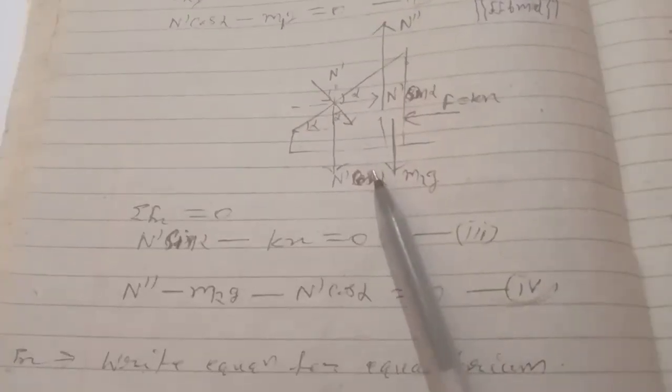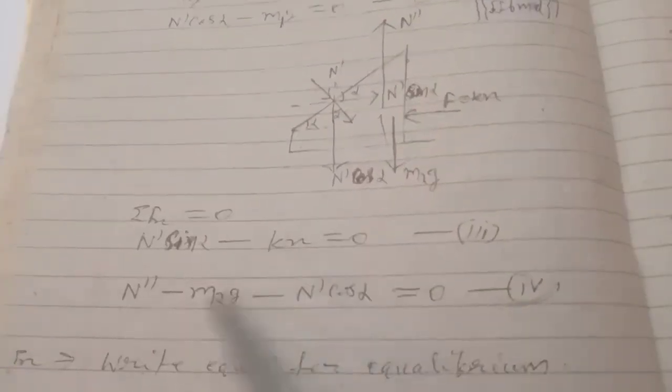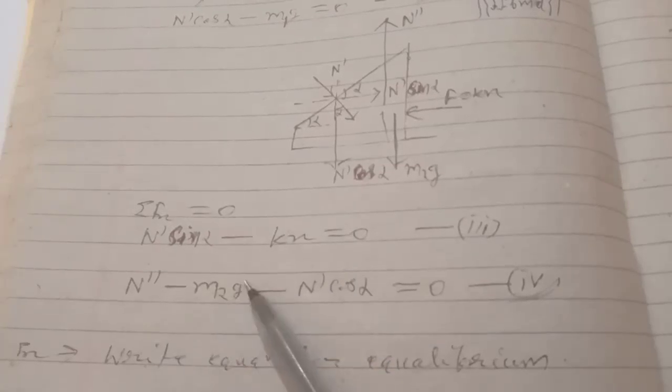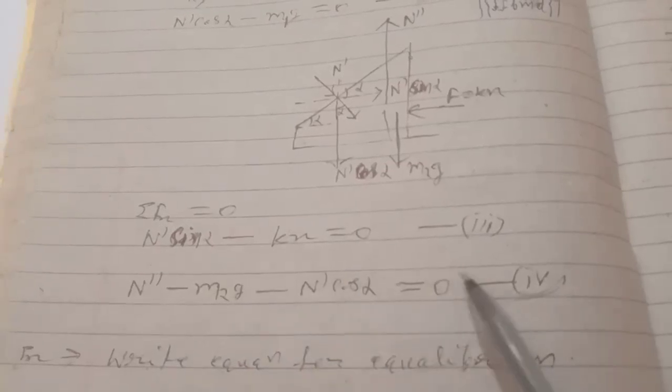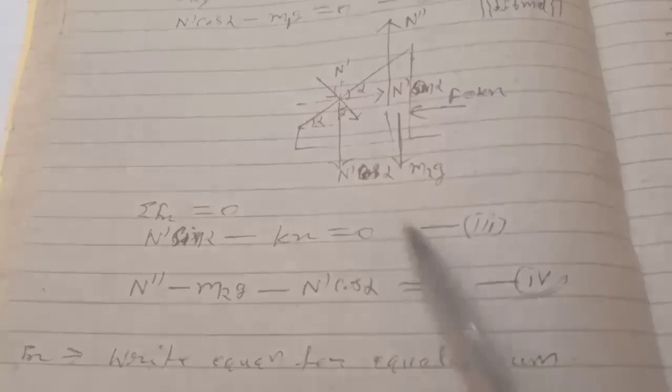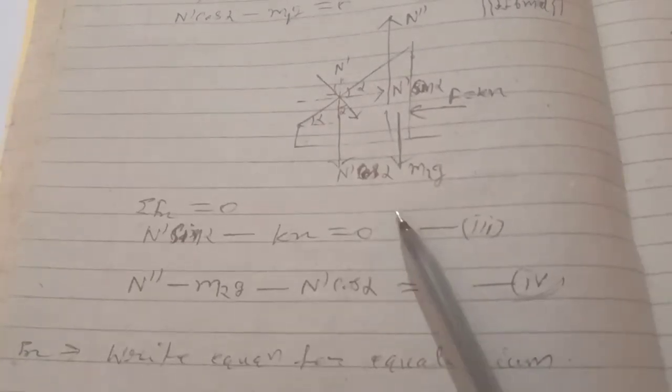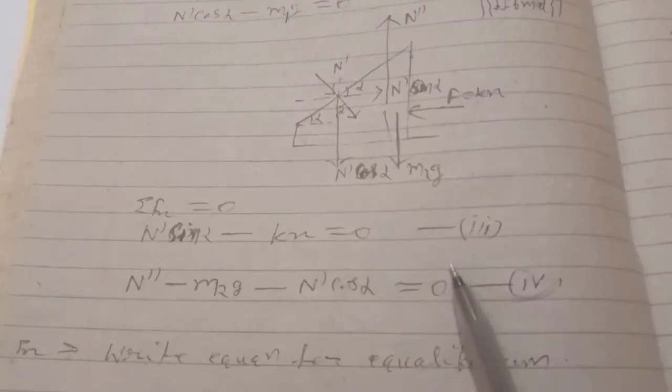For vertical equilibrium we can write N dash minus m2 g minus N dash cos alpha equals 0. On solving these equations, we can get the desired result.